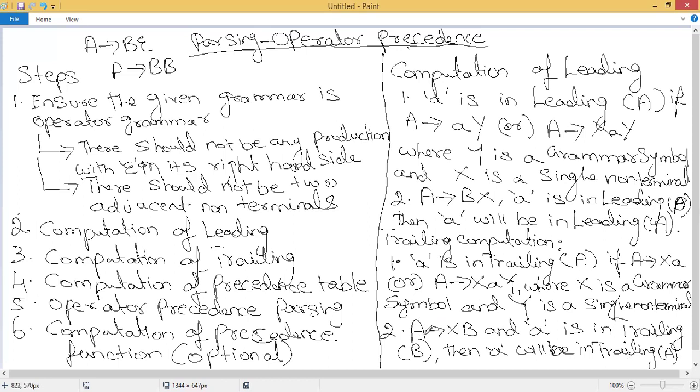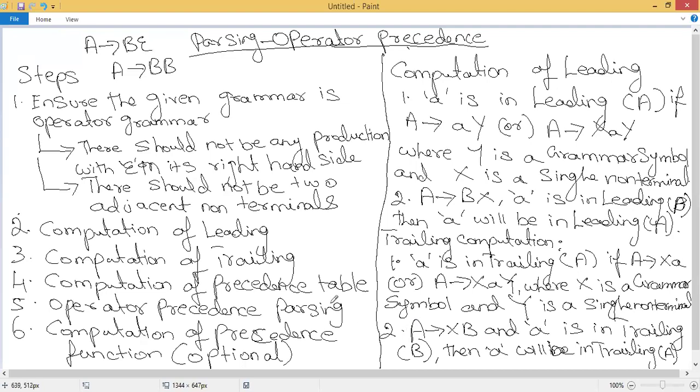If you have a production rule like this, non-terminal A tends to X B, where B is a non-terminal, and the terminal a is present in trailing of B, then that a will occur in trailing of non-terminal A. So this is how we can compute the leading and trailing.